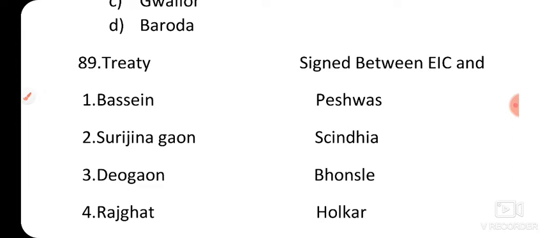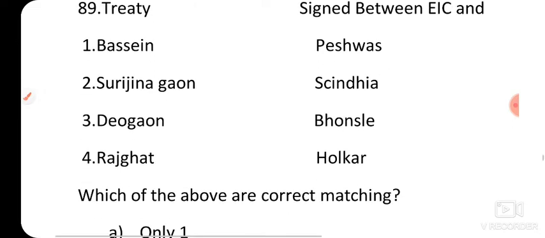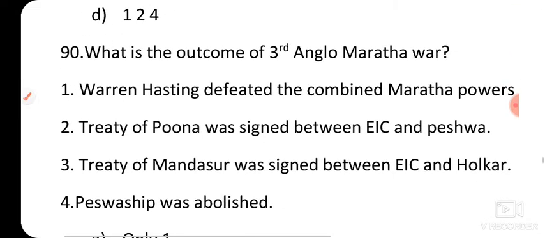So the British got a chance to defeat all these Maratha confederacies and sign different treaties with them. First they signed the Treaty of Basin with the Peshwas. Next they signed the Treaty of Surjanagaon with Sindhias, the Treaty of Devgaon with Bhonsle, and the Treaty of Rajghat with Holkar. Okay, so the correct answer is 1, 2, 3 and 4.